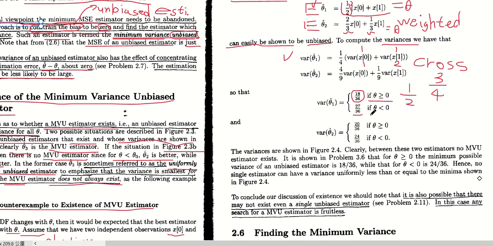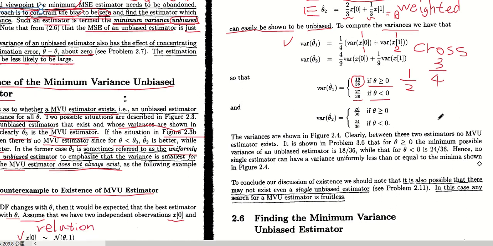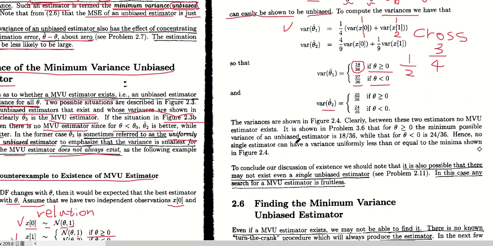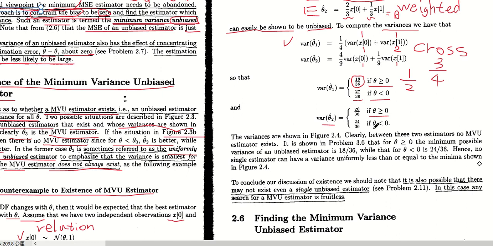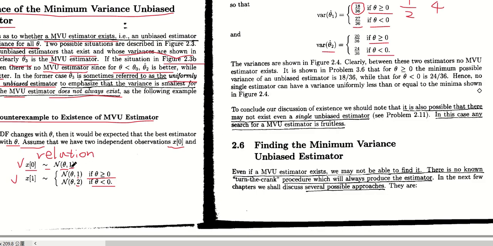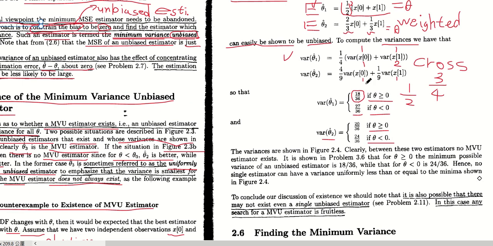Then the variance of theta 2. If theta is larger than 0, then again it's 1 and 1. As a result, it's 4 plus 1 over 9, so it's 20 over 36 if larger than 0. But if theta is smaller than 0, then it will be 1 and 2.